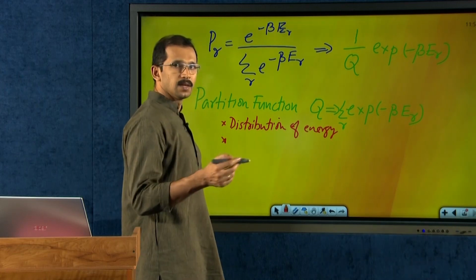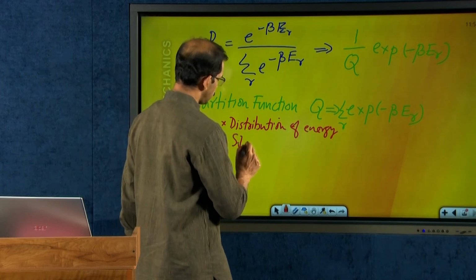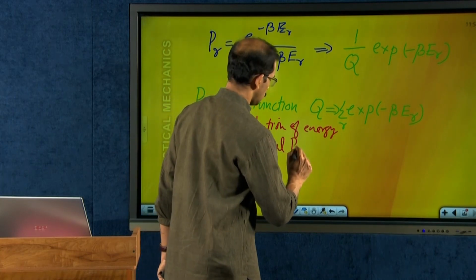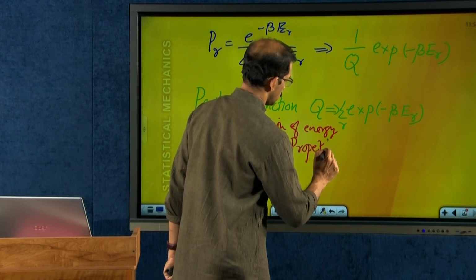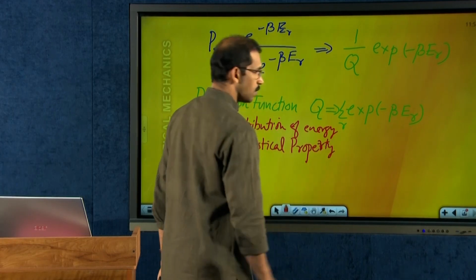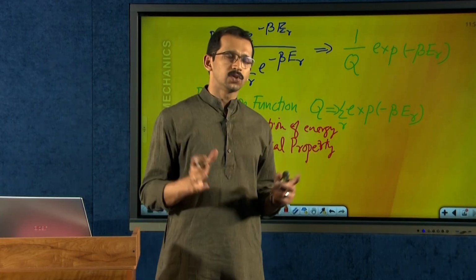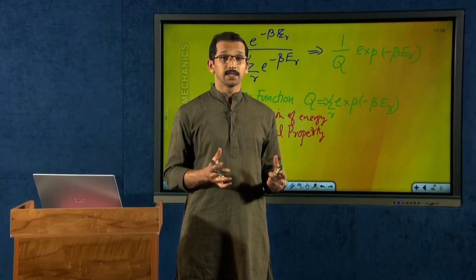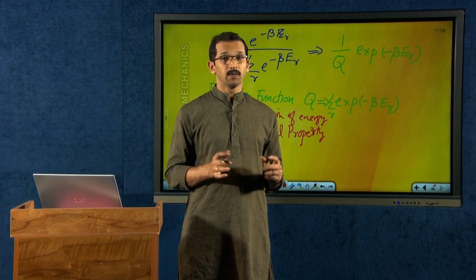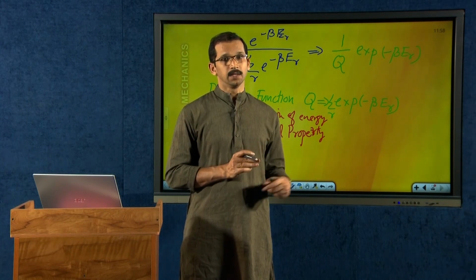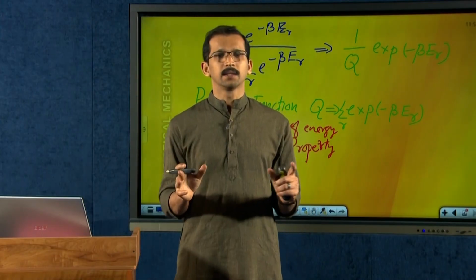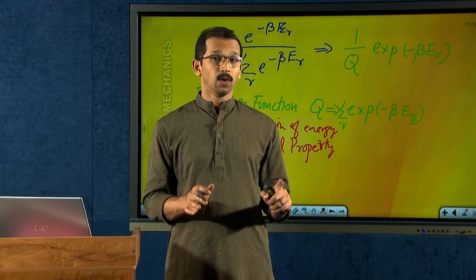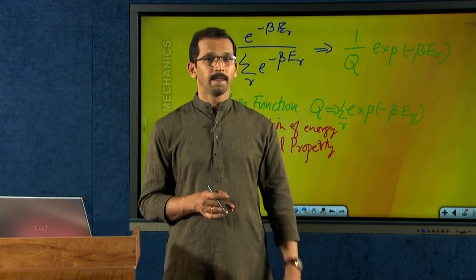Additionally, it defines the statistical property. Many times it is said that the partition function is the fingerprint of a statistical mechanical system, especially when we are dealing with the classical regime. So we can also say that the partition function describes how an ensemble is partitioned among various microstates.